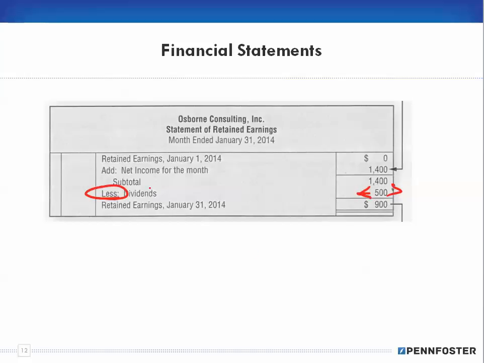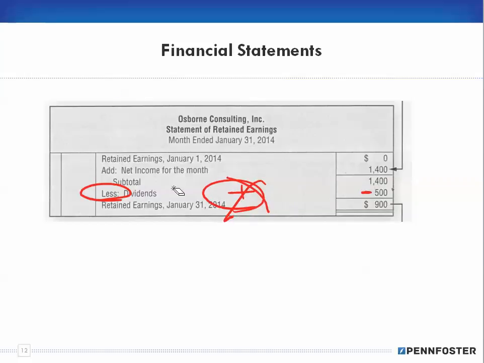The reason why is because I wrote the word less over here, as part of the description. Writing the word less tells me that I'm going to end up subtracting the 500. If I actually made this a negative 500 and I have the word less here, that tells me I'm going to add the 500 to the 1,400, and that's not right.